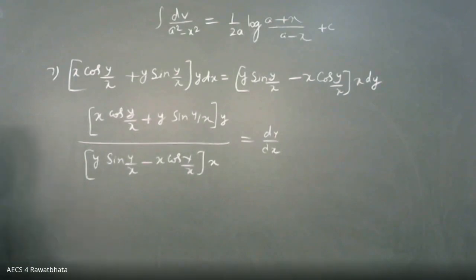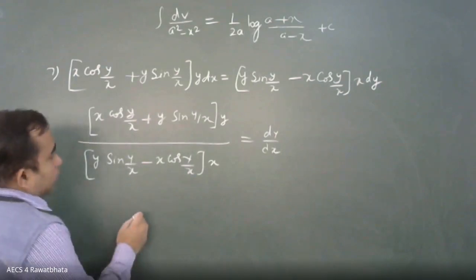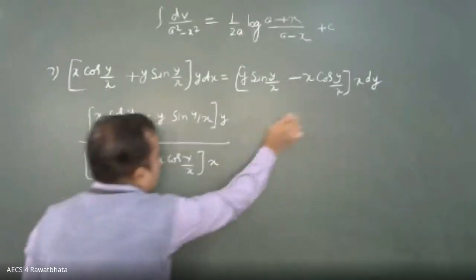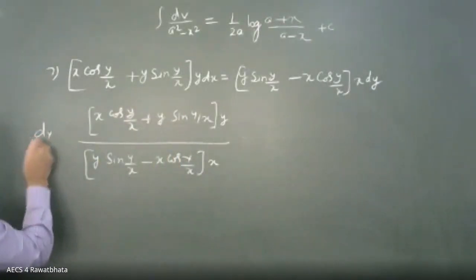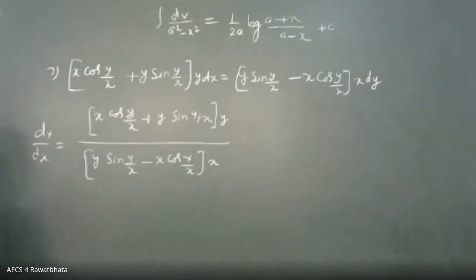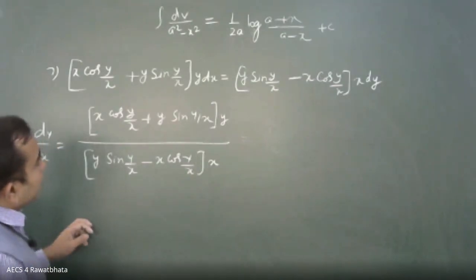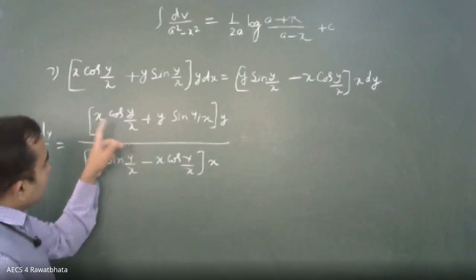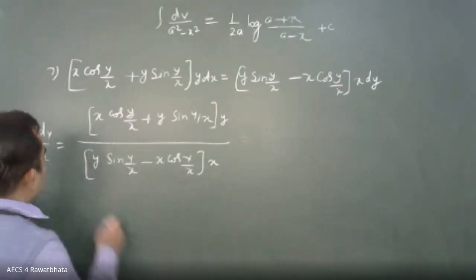Now I have to prove that this is homogeneous. So to prove homogeneousness, I am going to divide up and down numerator and denominator with x.